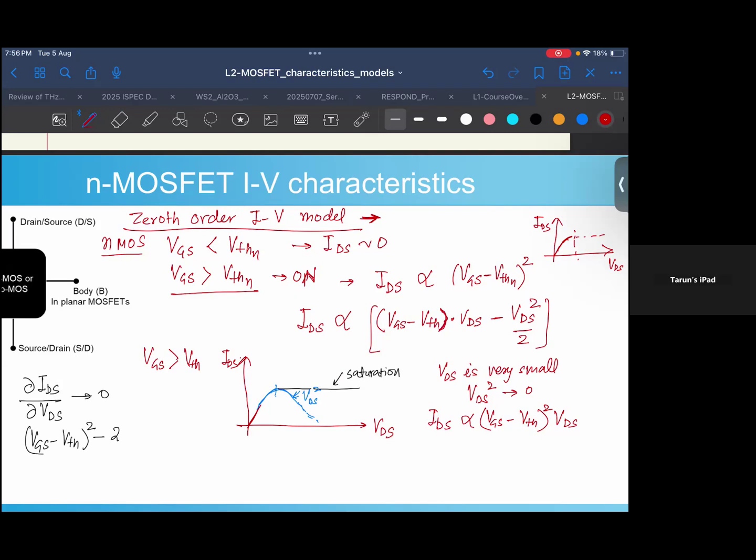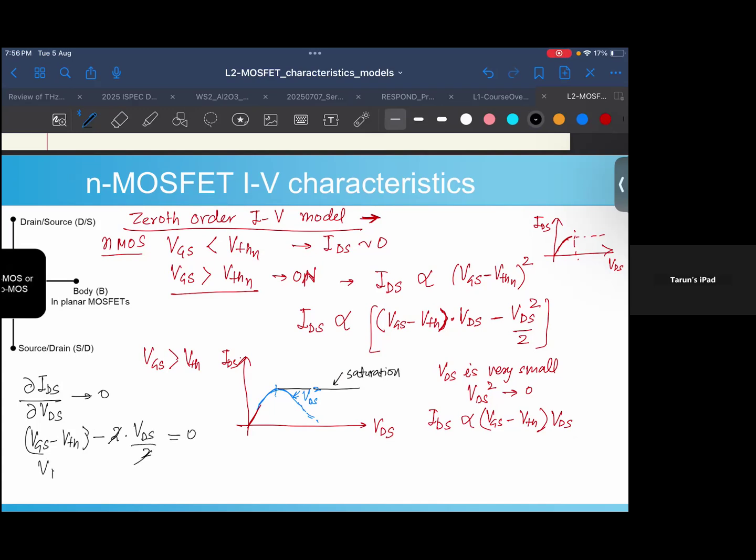If this is proportional to VGS minus VTH square, we clearly see that the VDS has to be multiplied with VGS minus VTH. Okay, so that is the one part which we can see from there. Now if we use this, this becomes equal to VDS divided by 2, and that becomes equal to 0.